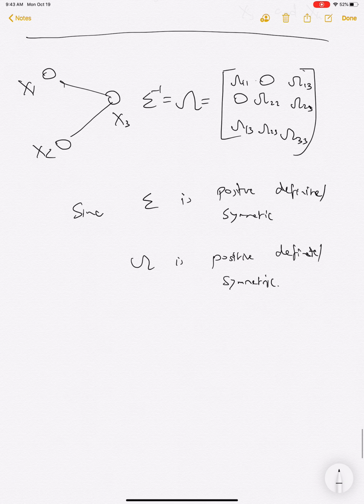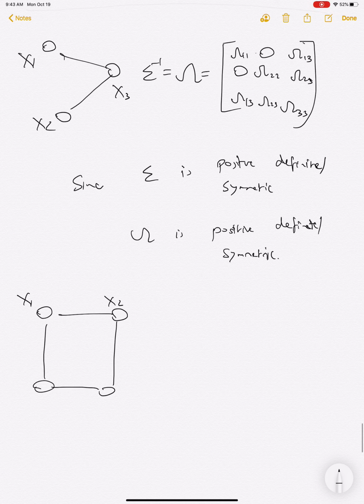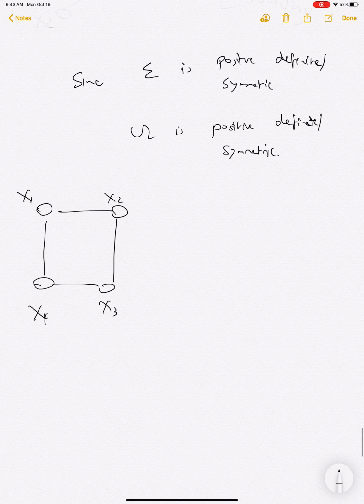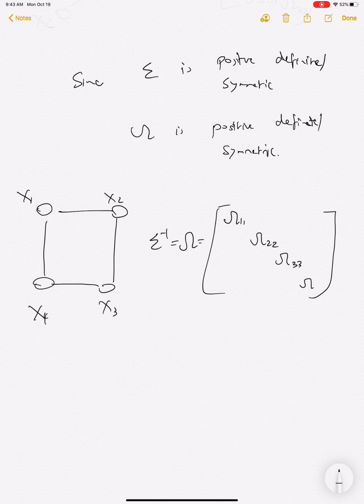Okay, and then just to give one more example. If we look at x1 through to x4, then we have an edge from x1 to x2, so these are non-zero.